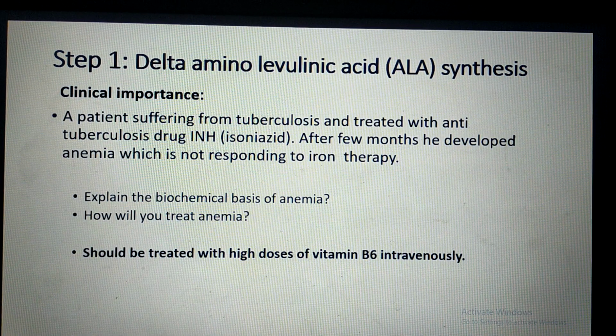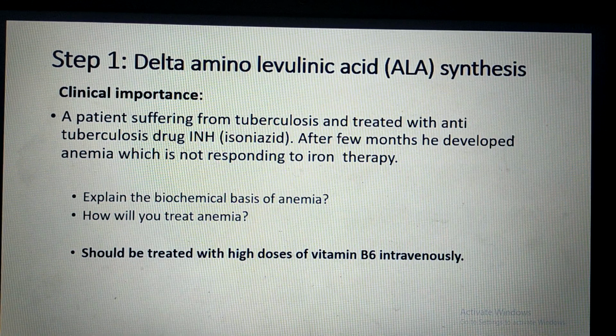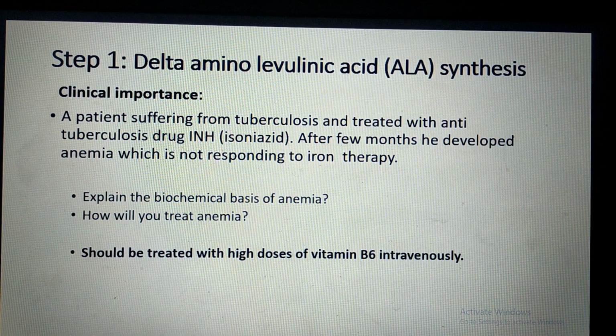Therefore, we have to give high doses of pyridoxine or vitamin B6 intravenously to such a patient so that pyridoxal phosphate synthesis starts again. So here the anemia is due to deficiency of the coenzyme pyridoxal phosphate.